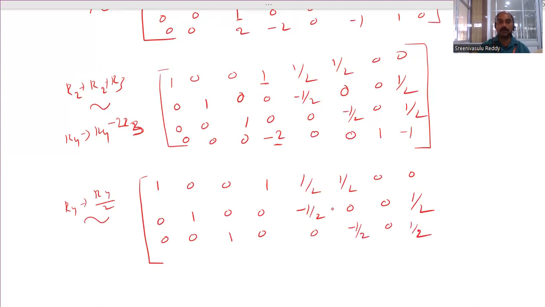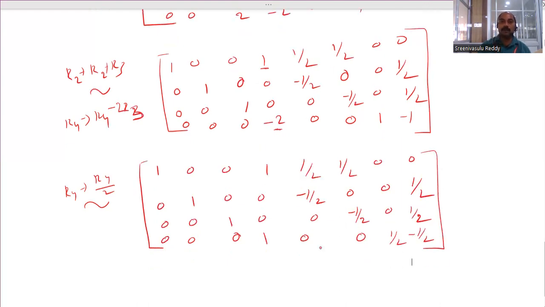Fourth row reduces to 0 0 by applying minus 1 0 0 1 by 2. Oh, sorry. 0 0 triple 0. Then 1 0 0 1 by 2 minus 1 by 2.